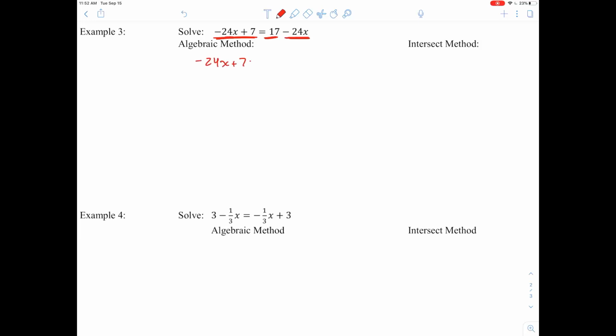Negative 24x plus 7 equals 17 minus 24x. We'll add 24x to both sides. Cancel, cancel. You get 7 equals 17. This is false. The x's canceled, and it's not a true statement. The solution is an empty set. There is no solution.